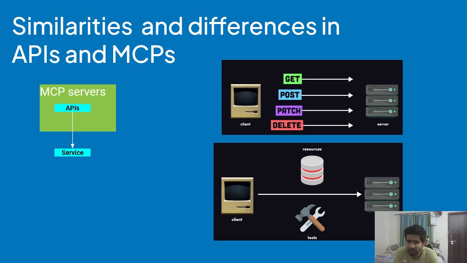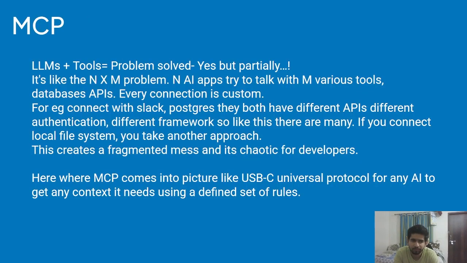So this is the main difference. While the MCP uses resources as well as the tools, you can consider MCP servers as the wrapper around APIs to get the services. So the wrapper around the APIs is the MCP server.